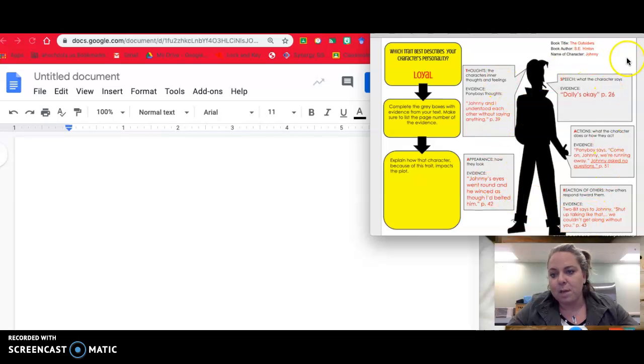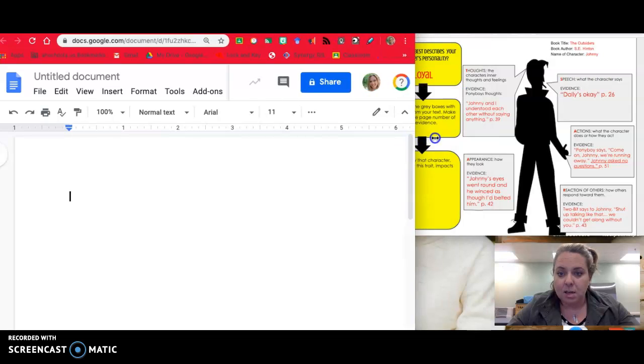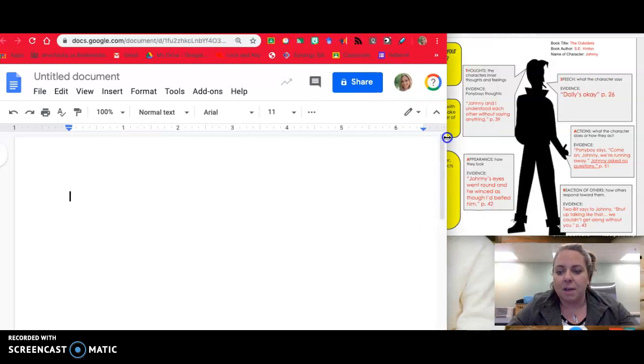I'm going to describe Johnny as loyal, and I found a quote that I can reference a few times. I'm doing this on the spot, so it's not going to be perfect, but that's oftentimes what practice looks like, right? Not perfect.